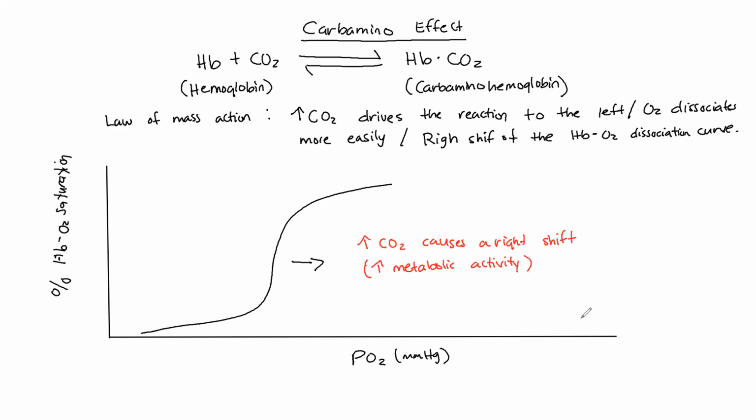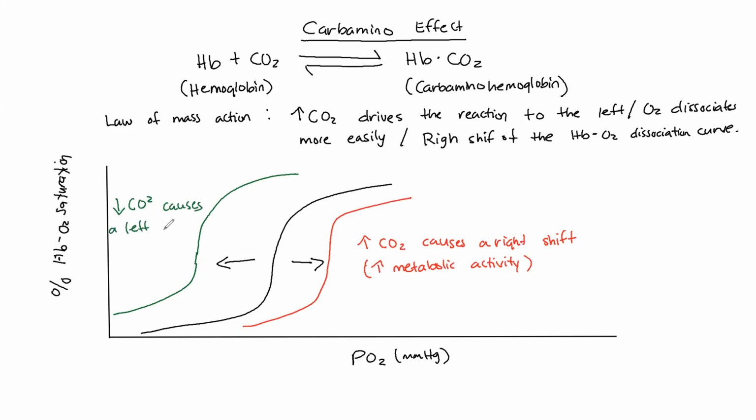All right. And then the opposite scenario here. Oops, I didn't even draw the curve. All right, so here's our right shifting curve. And then on the opposite end, we have our left shift to the curve, okay? And so here we have states of decreased CO2, which cause a left shift.